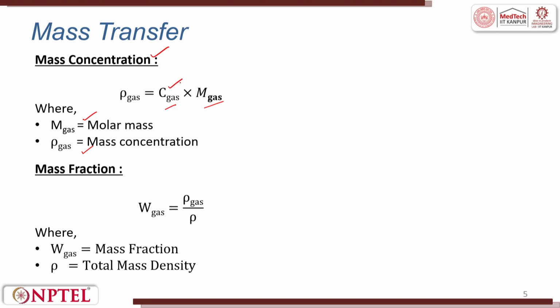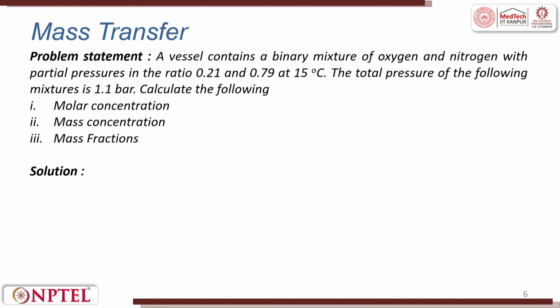C gas is molar concentration of gas, rho gas is mass concentration, which is the product of the molar concentration into the molar mass. Mass fraction is W gas, this is mass fraction, rho gas by rho, that is mass concentration of gas by total mass density.